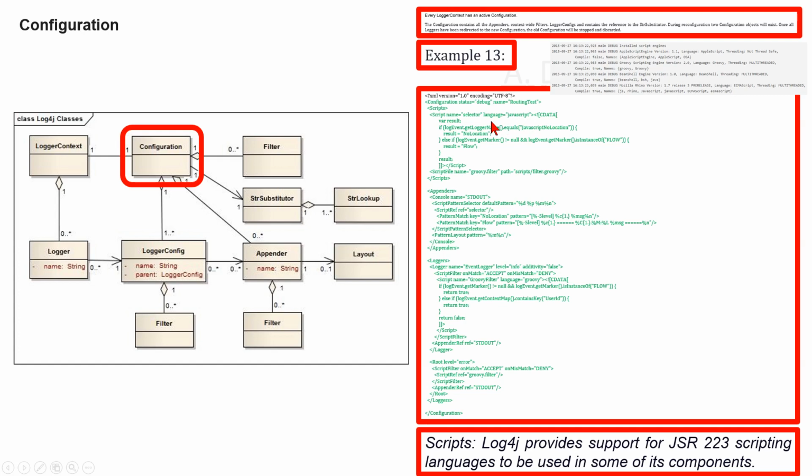If the language is not specified on the script file element, the language will be determined by the file extension of the script path. If monitoring is requested, it will only be enabled if a non-zero monitor interval is specified in the configuration element. This interval will be used to check for changes in the file.